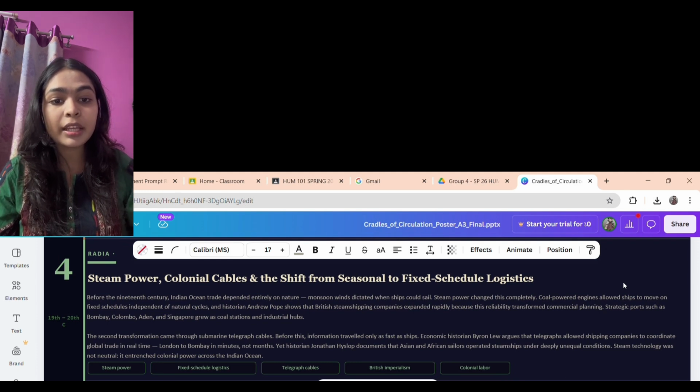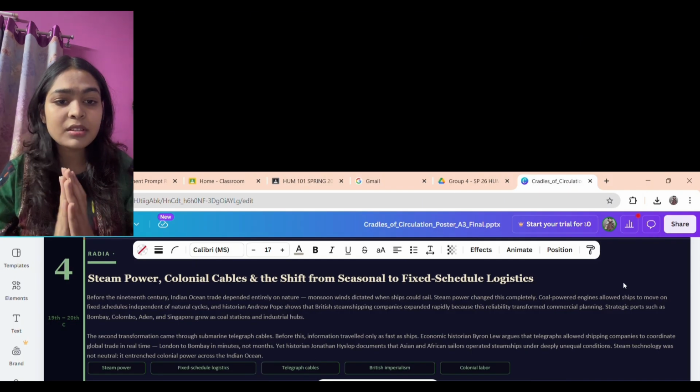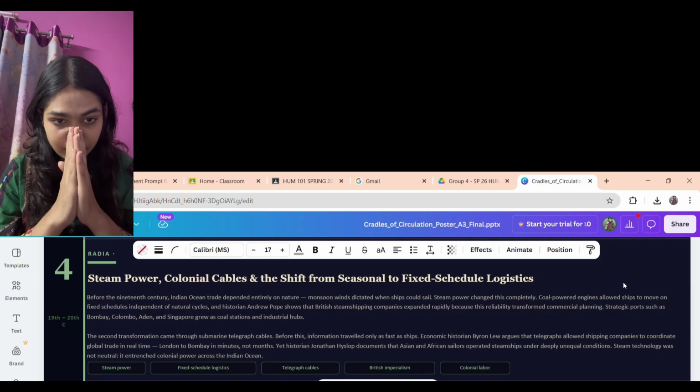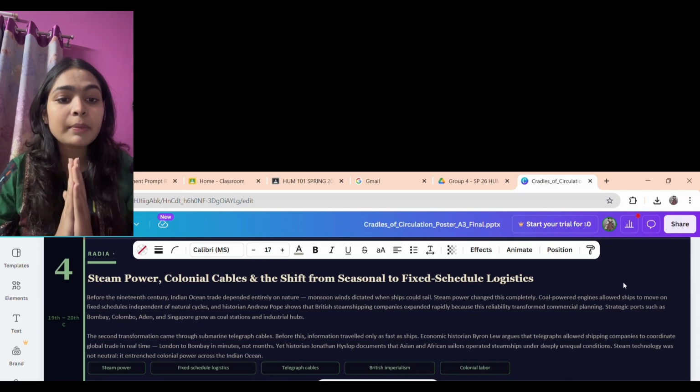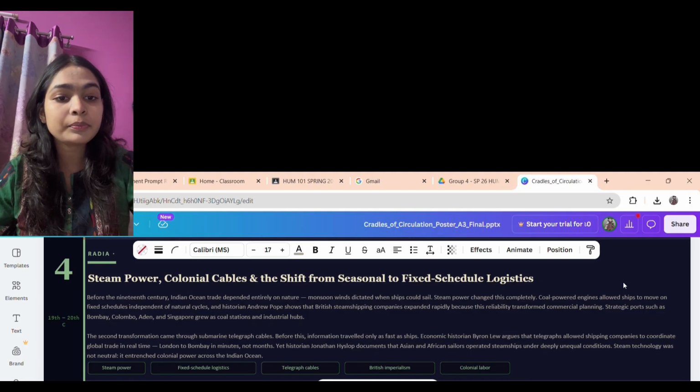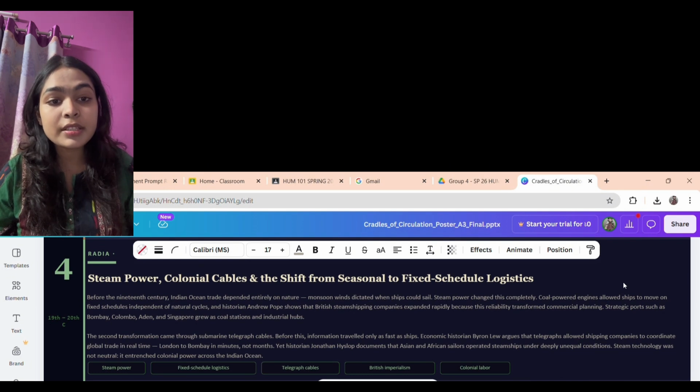Steam power and cable communication are often presented as symbols of progress, but they also reinforced racial and economic inequality within the colonial system.